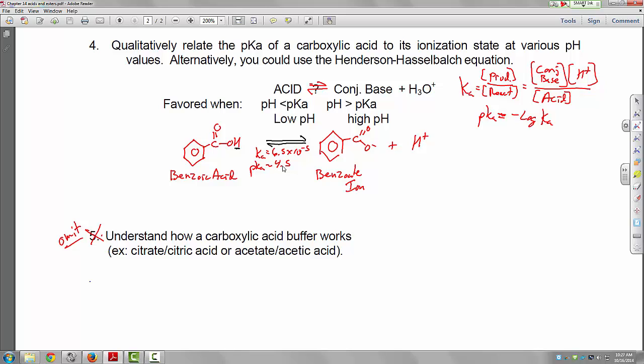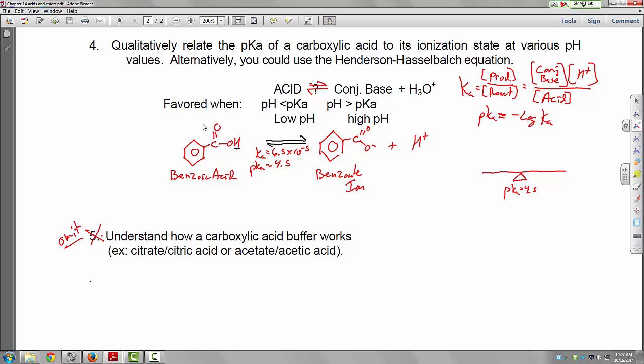All right. So if we have a pH that's lower than 4.5, again, you can think of a teeter-totter here. The pKa is the balancing point, 4.5. If we have a pH that's lower than that, what that means is we have more hydrogen ions.